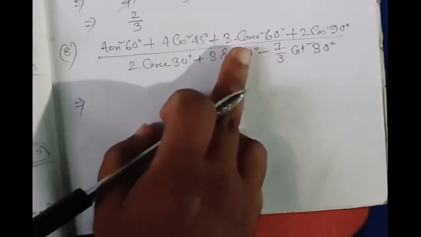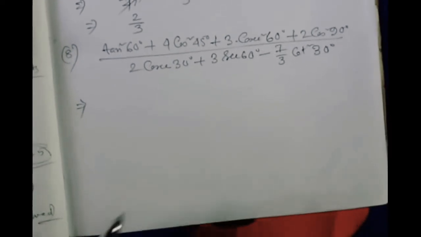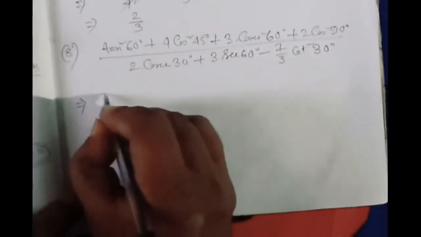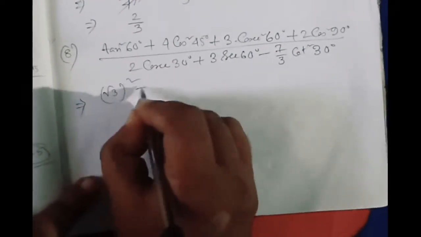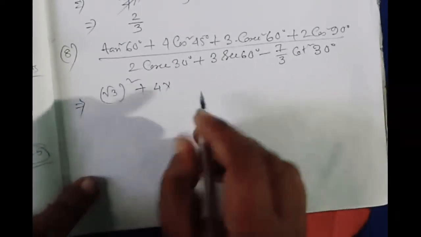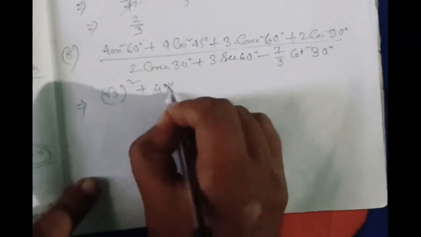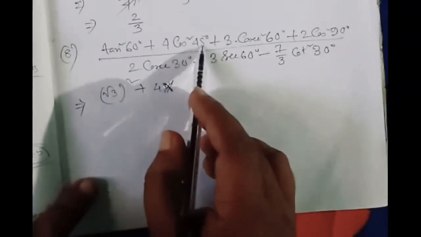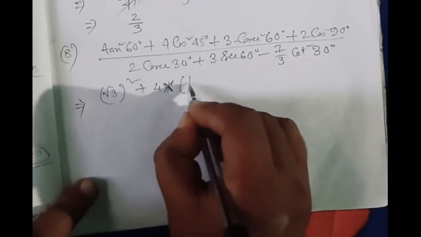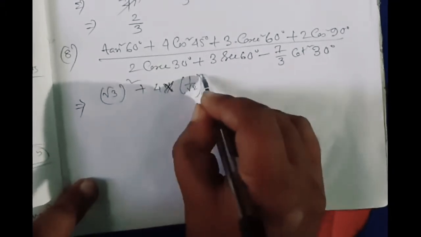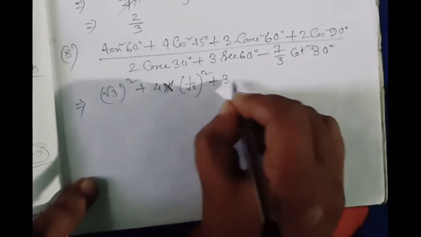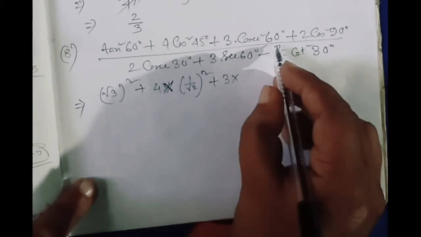Okay. Now, we have to put the values. Tan 60 is equal to root 3. So this is root 3 square plus 4 into cos 45, which is 1 by root 2, square, plus 3 into cosec square 60.